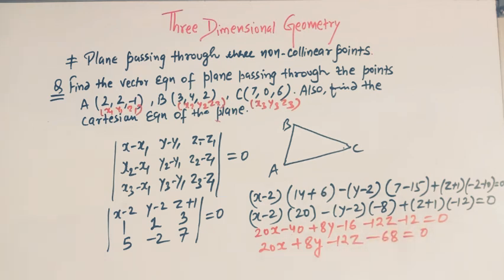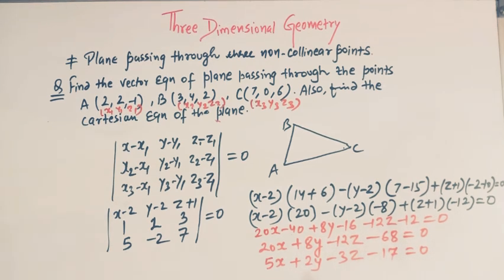Okay, now we can divide the whole equation by 4. So we have 4 fives are 20 here, and then we have 2y here, this is 3z, and this is 4 seventeens are 68, so 17 here, right?